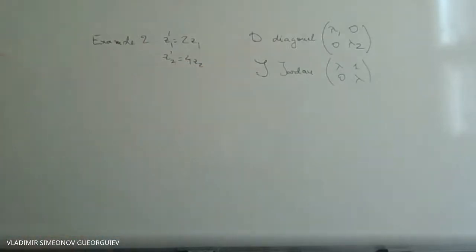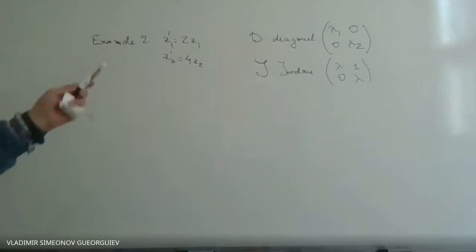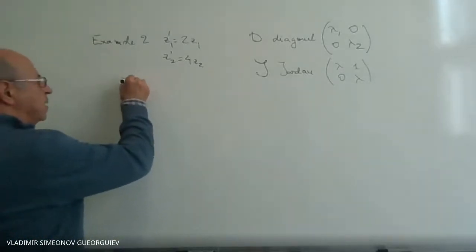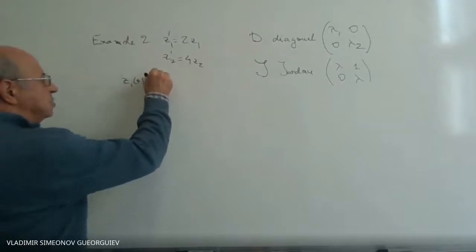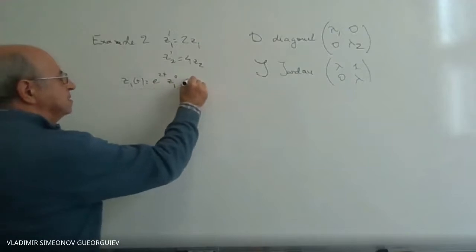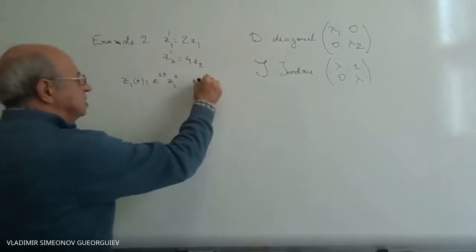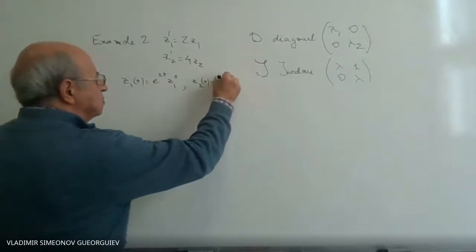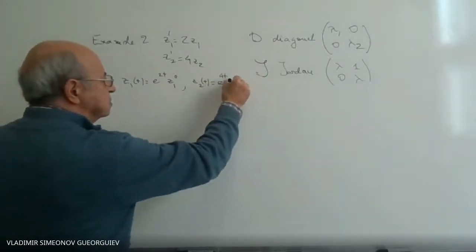Now, in this example, we have two real eigenvalues, but positive. Both are positive. Then you can write directly Z1(t) is e to the power 2t, Z1(0), and Z2(t) is e to the power 4t, Z2(0).